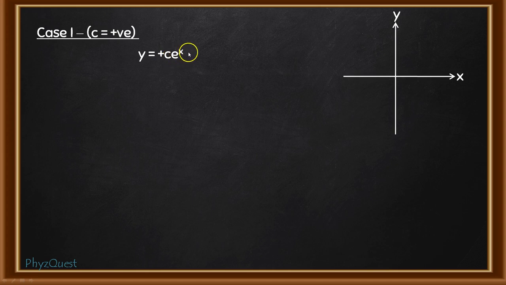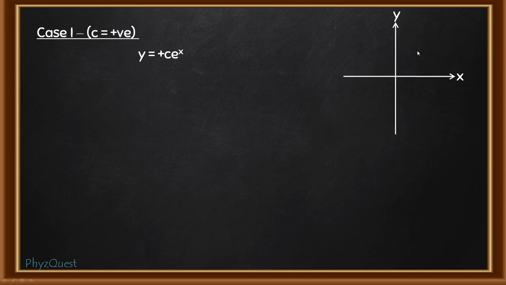The value of x can range from x equal to minus infinity to x equal to 0 to x equal to plus infinity. Now since the constant is positive here, the value of y will definitely be positive. So y positive means the plot will definitely range between the first and the second quadrant.